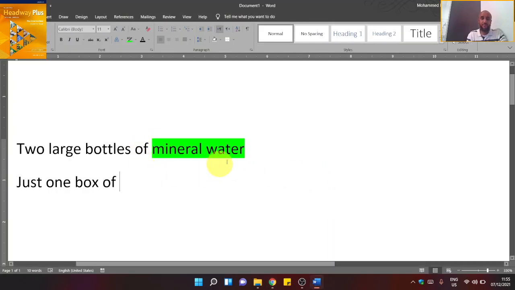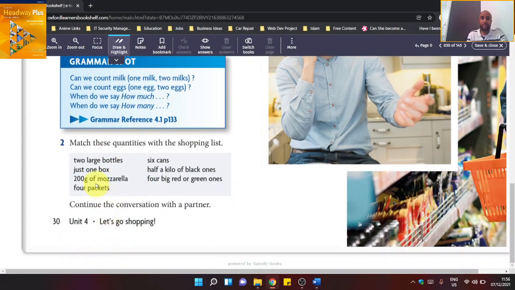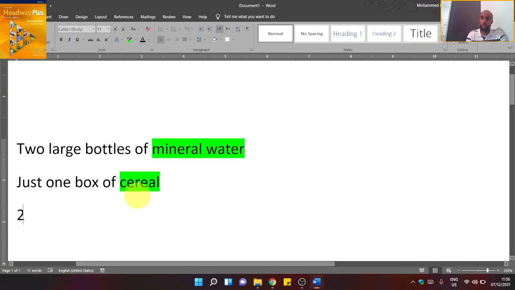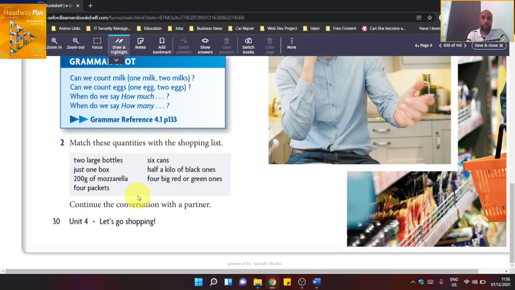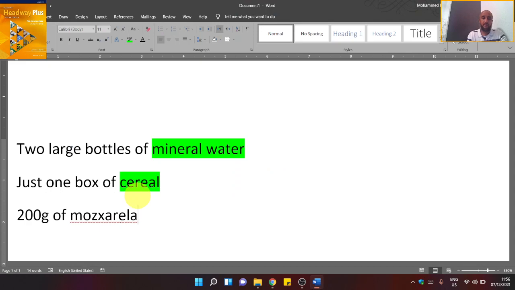So we can say just 1 box of cereal. Good. The next one, 200 gram of mozzarella. So 200 gram of what was it again? 200 gram of mozzarella.